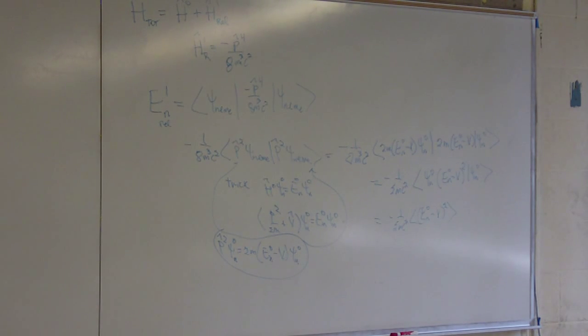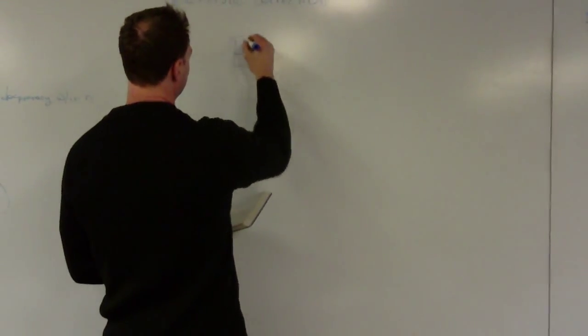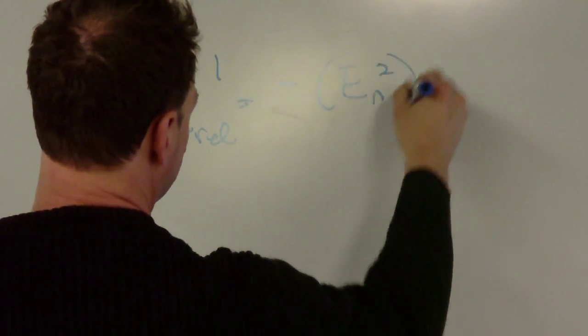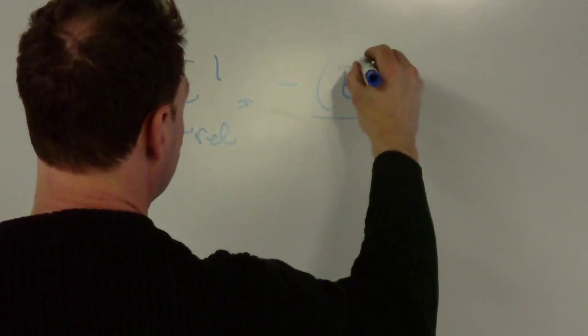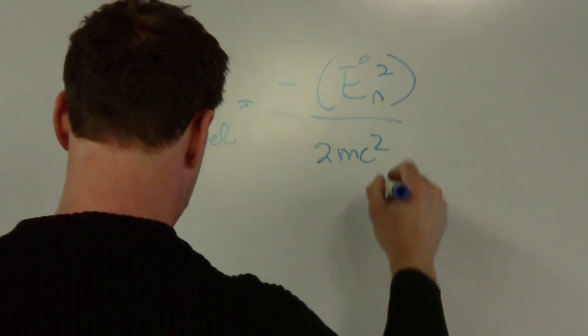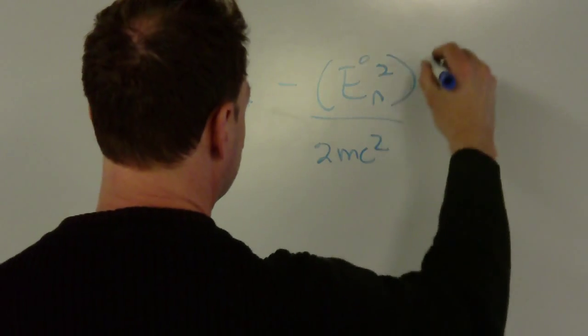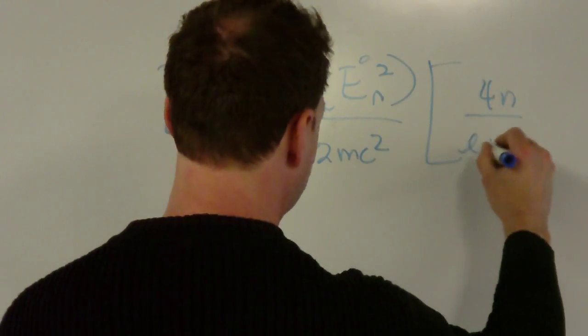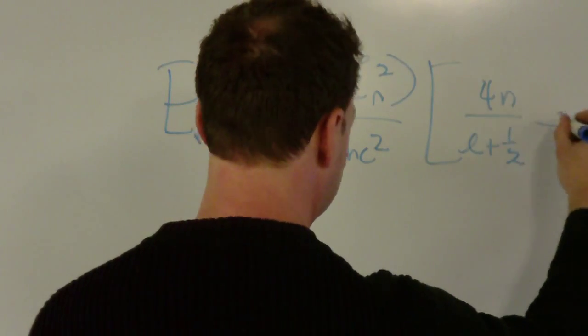Okay, that's the trick there. Now he just goes and does all that stuff, and here's what he gets. He calls it ER1. So E relativistic 1 equals minus En0 squared over 2mc squared times 4n over L plus a half minus 3.